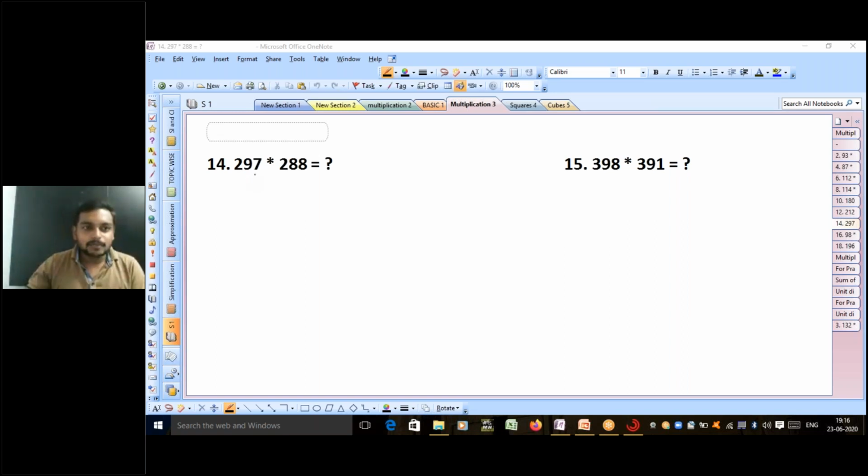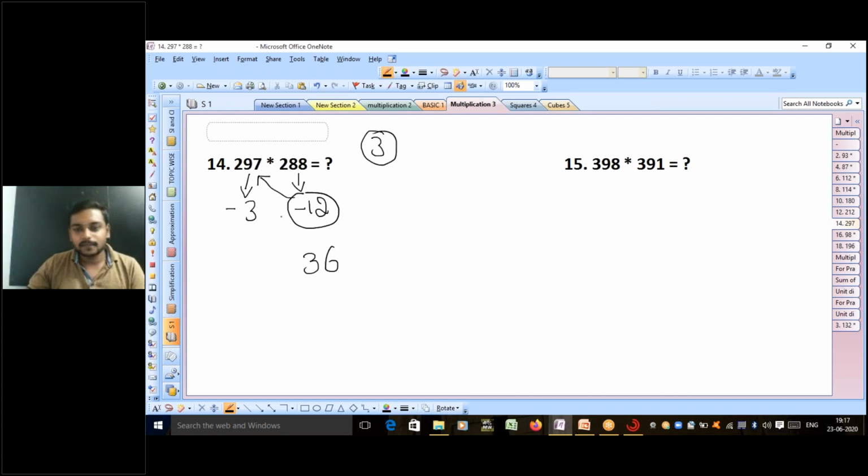Observe carefully. The given numbers are near to 300. For that, we have to take base of 300. It means what? We have to multiply 3 with left part of left hand side number. So from 300 it is 3 less. From 300 it is 12 less. 12 3s are 36. This is right part of your answer, 36. Then you have to subtract 12 from 297. Why?